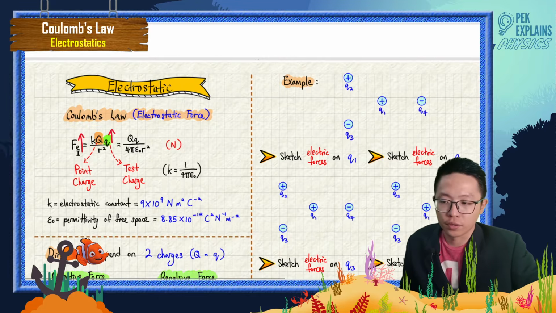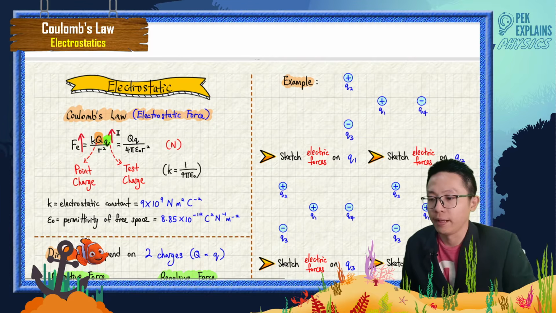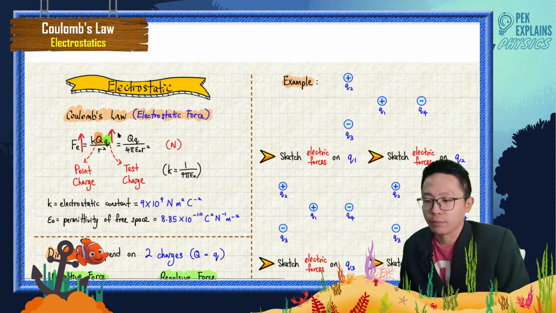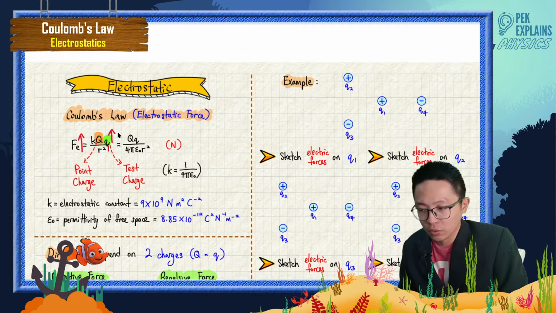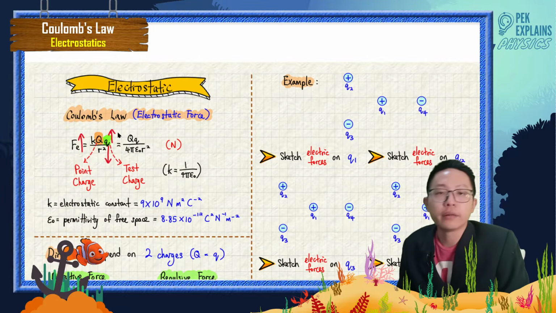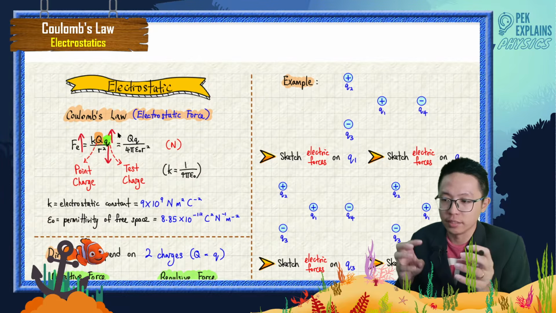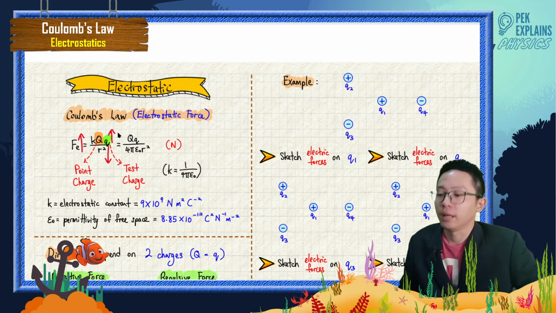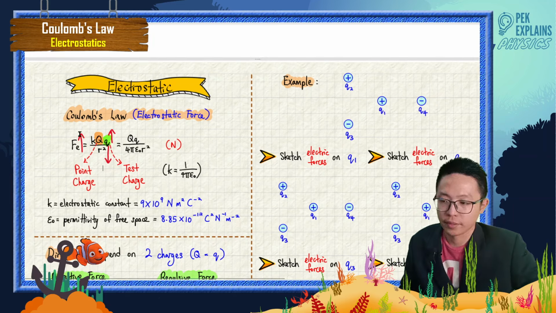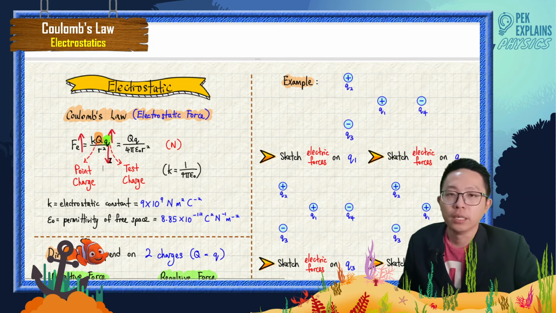But this force is inversely proportional to the square of the distance between both charges. That means the nearer the two charges are, the smaller the distance, the higher the force. So that is the relationship.